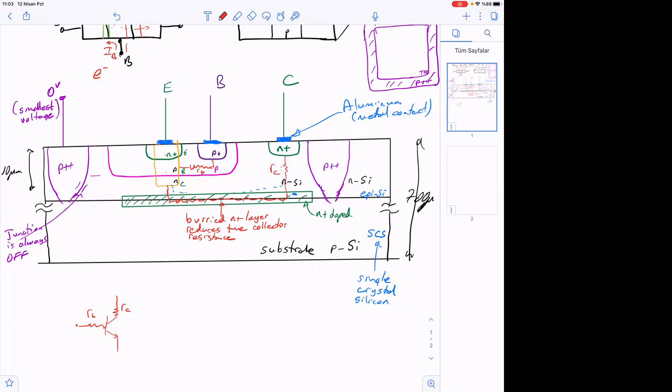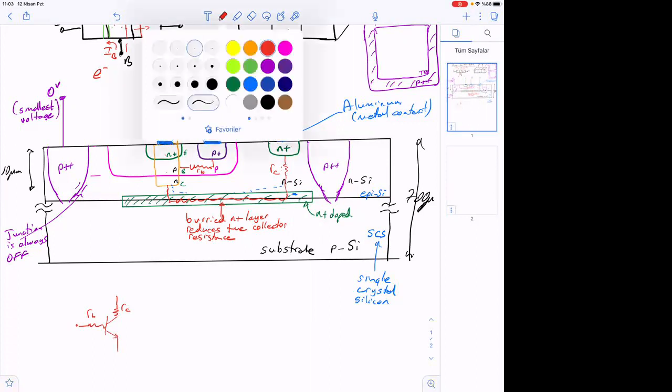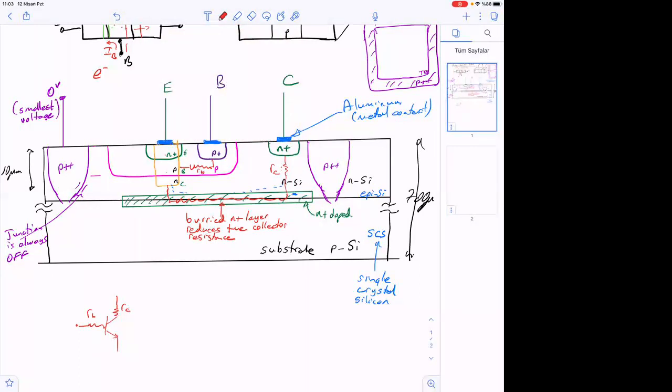So the reason for this, maybe we should also write here, is to obtain ohmic contact.